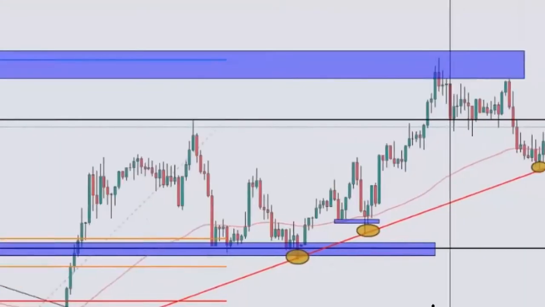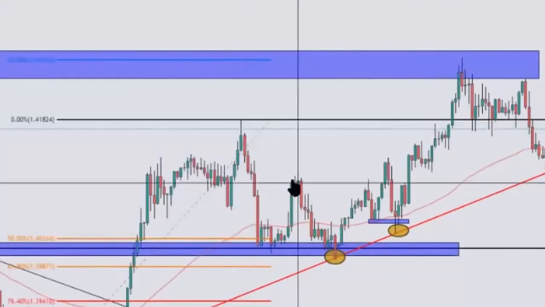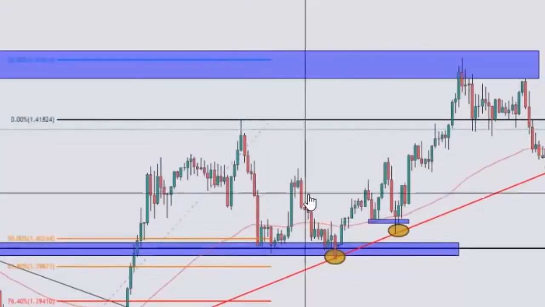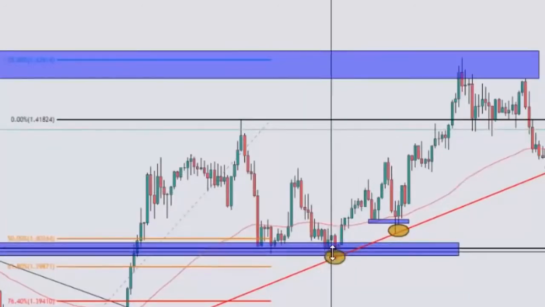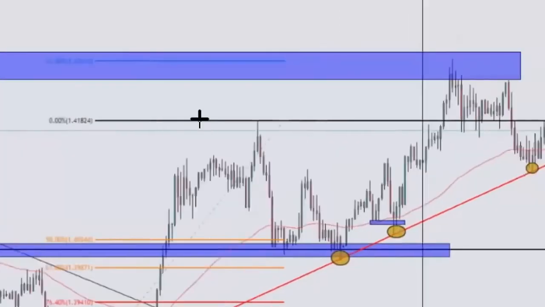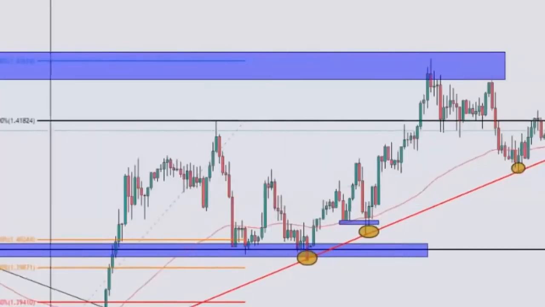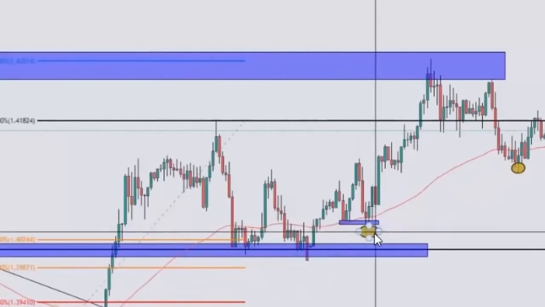So on the 1-hourly, we can see price was making lower highs, and this, in my opinion, wasn't the ideal area to enter, just because we didn't have a clear trend yet. This right here wasn't made yet.